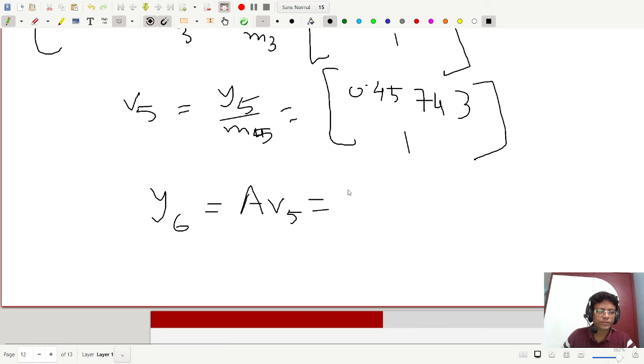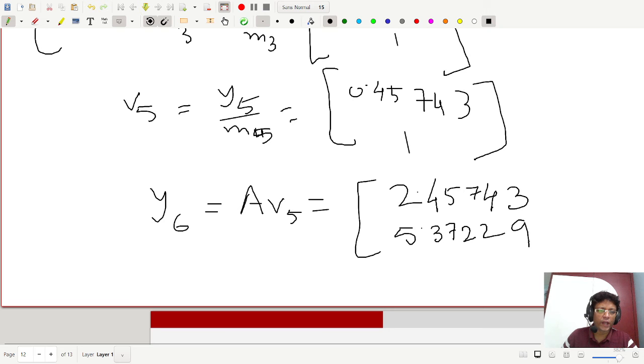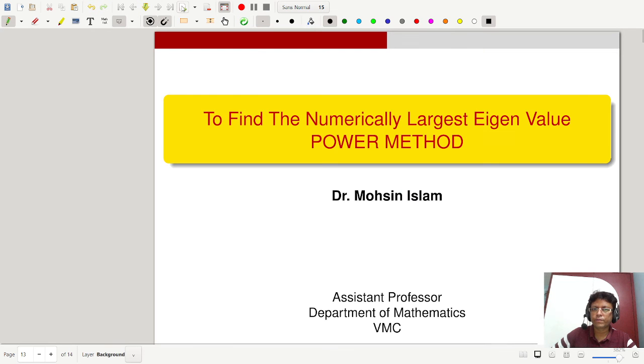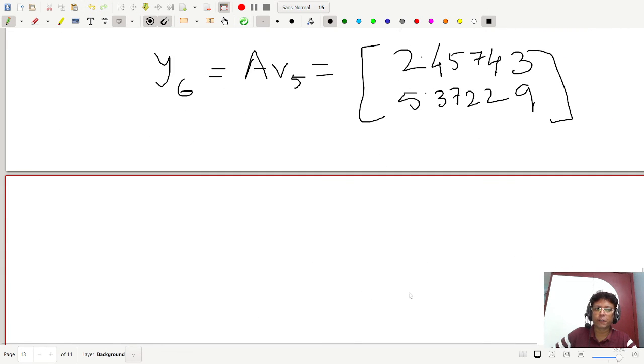That is equal to 2.45743 and 5.37229. Okay, so this is your y6 and v5. Now I will find the ratios. I will show you how to calculate the ratios.